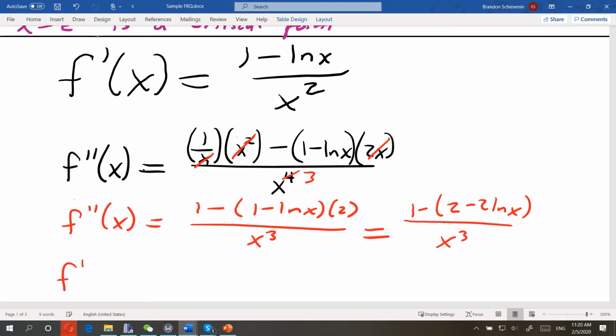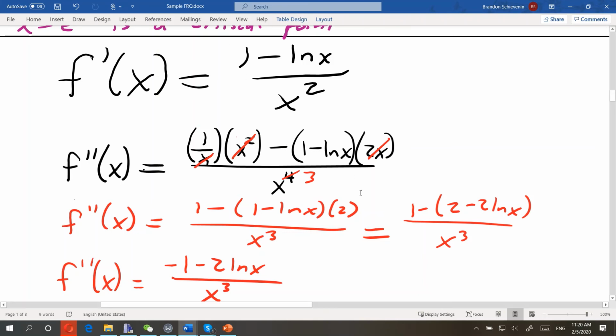Okay, so my second derivative is 1 minus 2, or negative 1 minus 2 ln x over x cubed. Let's see. I feel like we're missing a sign somewhere. Isn't it plus 2 ln?